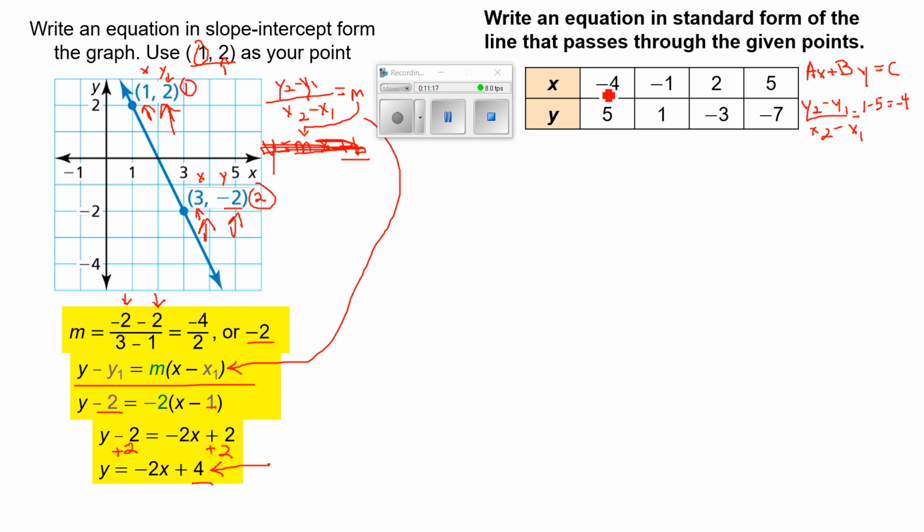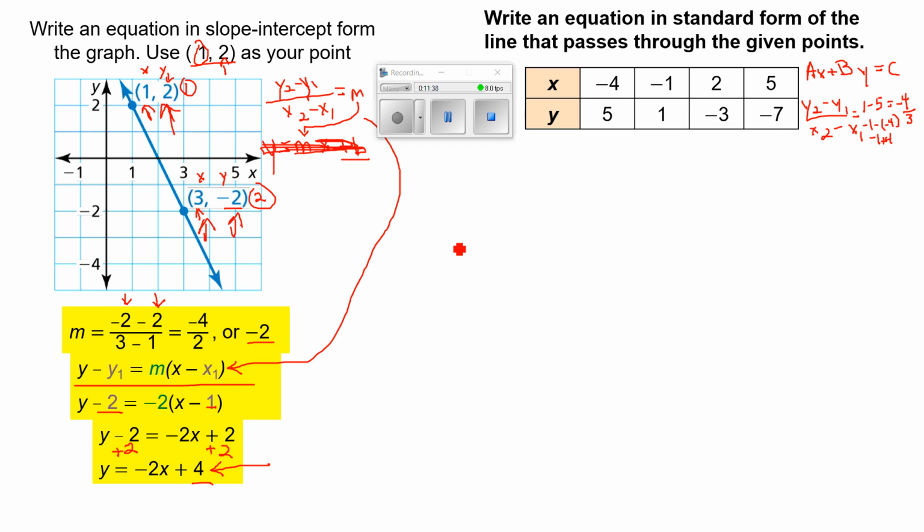I'm going to go negative 1 minus 4. So this would be a negative 1 minus a negative 4, and a negative times a negative is a positive. So this is really negative 1 plus 4, which equals 3. So our slope is going to be negative 4 over 3.